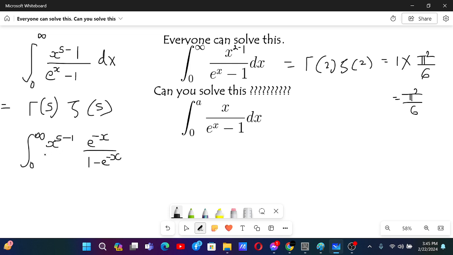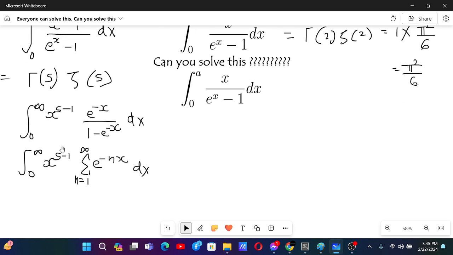Now for x going from 0 to infinity, the modulus of e to the power minus x is less than 1. So we can write this as a geometric series from n equals 1 to infinity of e to the power minus nx, because the first term is e to the power minus x and the ratio is also the same.